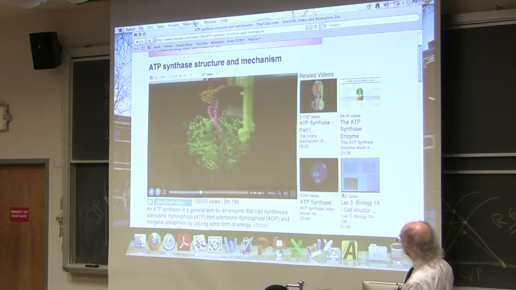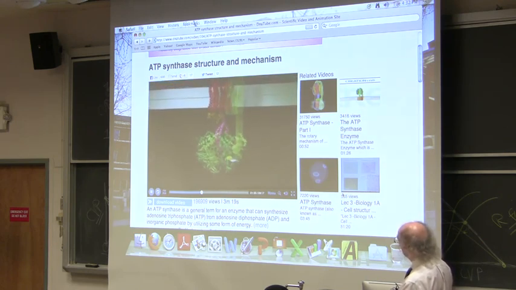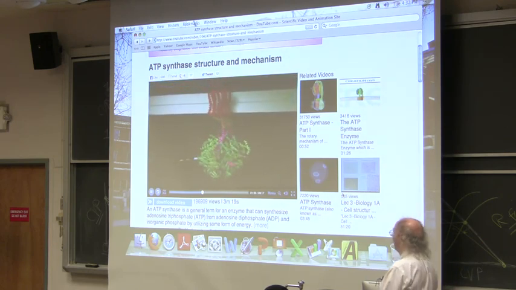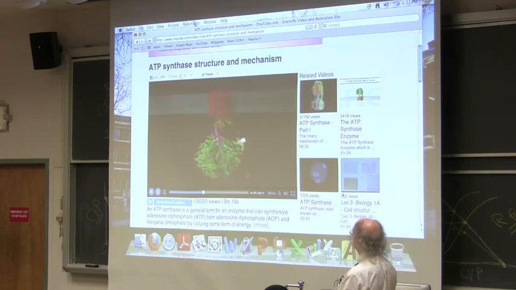The F1 ATPase portion of ATP synthase has been crystallized. That means you can tell the structure when you crystallize it.